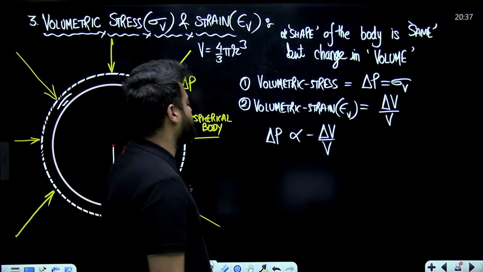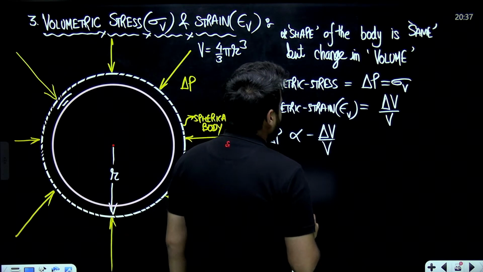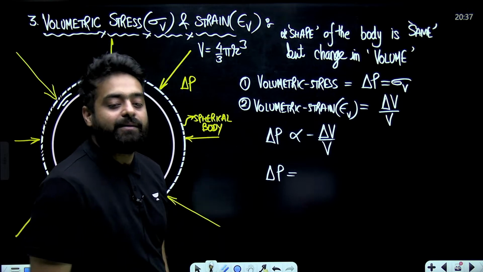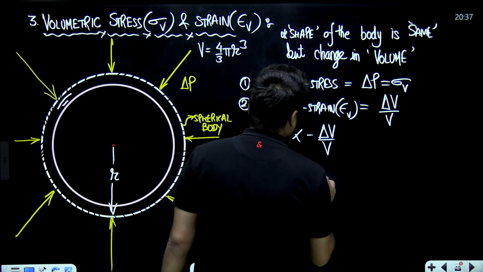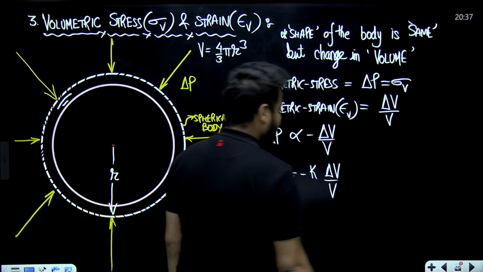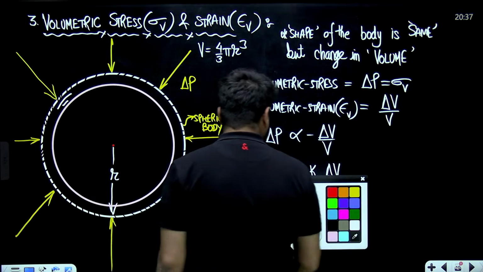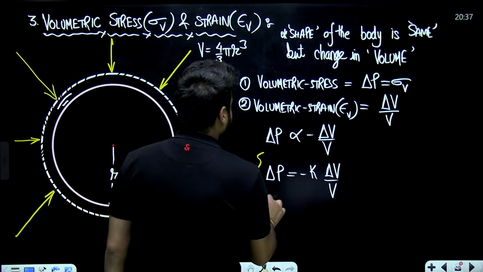When you remove the proportionality, you will get delta P equal to minus K delta V by V, where K is the bulk modulus. There are a lot of symbols for bulk modulus; people use different symbols. I am using this symbol.